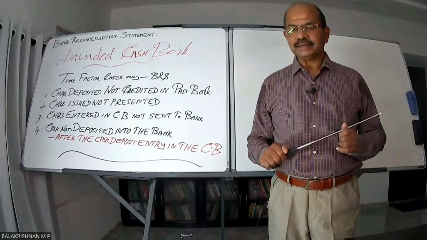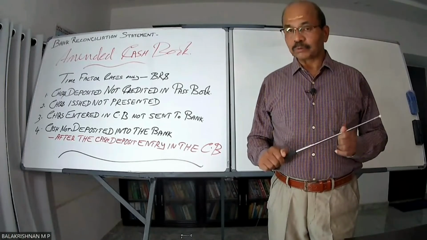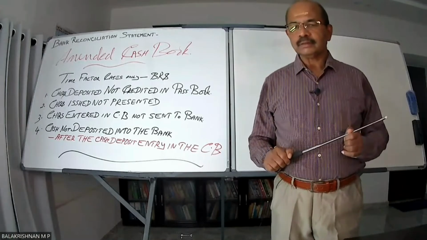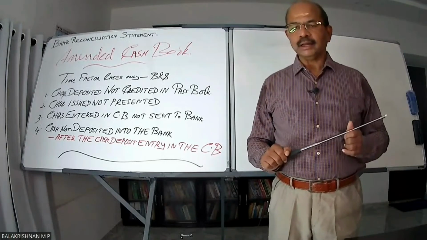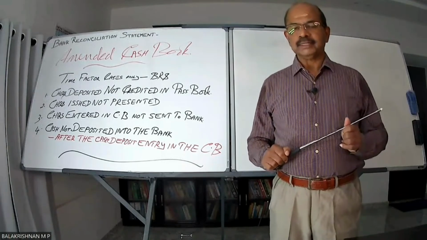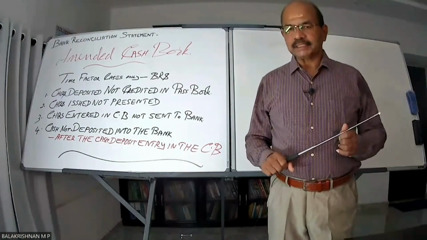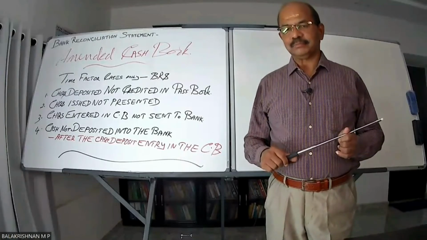Then dividend: extra came from the shares, or through the shares you have received some dividend. Okay. Now only I come to know. Account in the amended cash book. Standing instruction. Of course, you have only given the standing instruction, but what happens? For example, electricity charges vary every month.